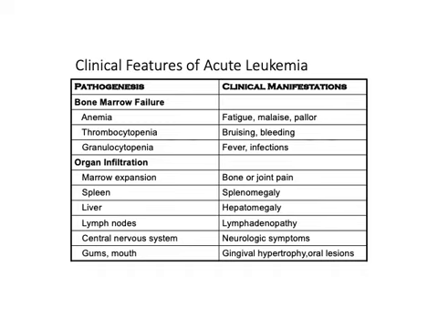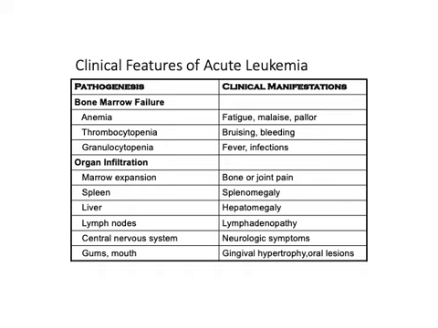The clinical features may also be secondary to organ infiltration. The preferential organs that are affected are, of course, the bone marrow, the spleen, the liver, the lymph nodes, because these are your hematopoietic organs. In case of acute lymphocytic leukemia, there may be secondary infiltration of the brain, leading to neurologic symptoms.